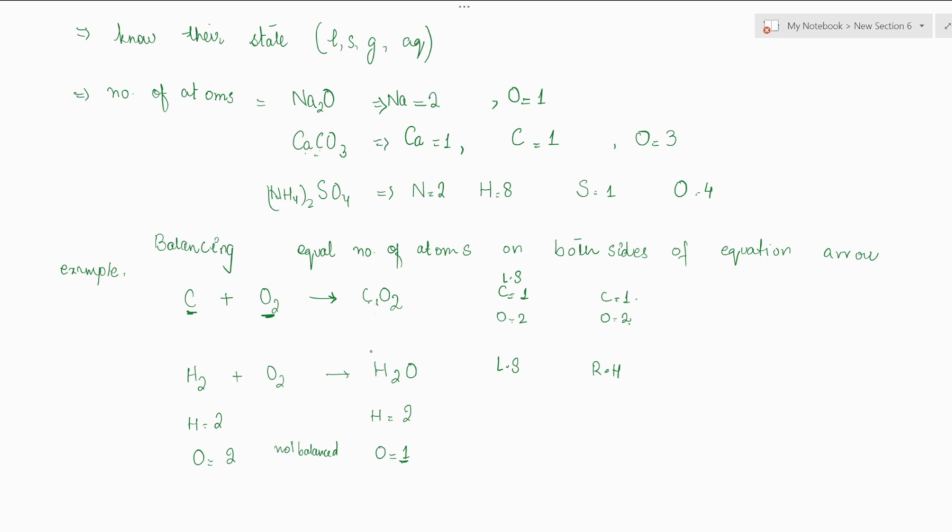Multiply this whole thing with 2. Yes, this is possible. We can multiply. This becomes 2, but this becomes 4. Now the equation is not balanced again. We can come to this side. Can we write 2 over here?